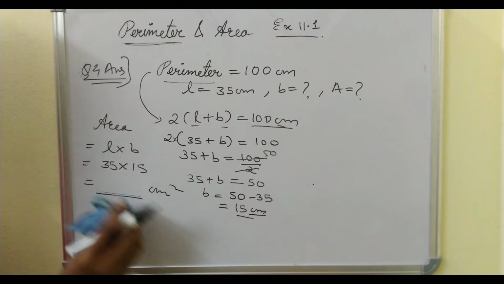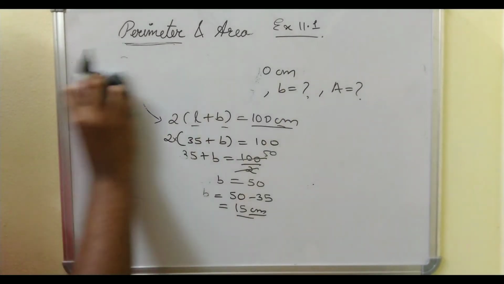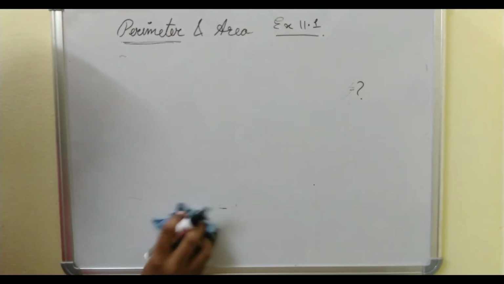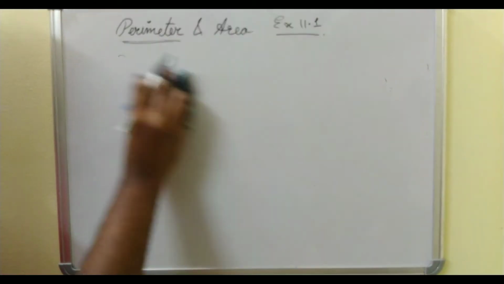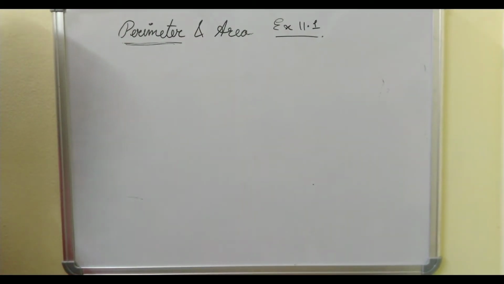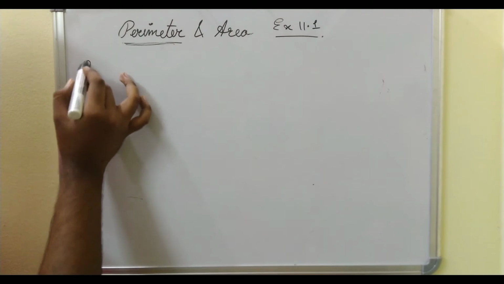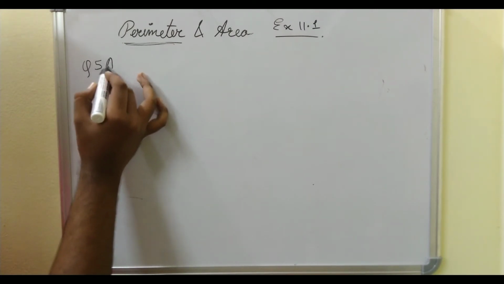Now the fifth question says the area of the square park is the same as the area of a rectangular park. So in this question, this is a different type of question we can say.